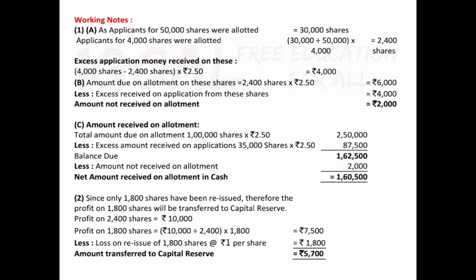That means 7500 is the profit on 1800 shares, out of which 1800 you have already adjusted for the discount at the time of reissue. So that means remaining 5700 surplus will be transferred to capital reserve. So I hope this question is clear to you, children. This is a good question.